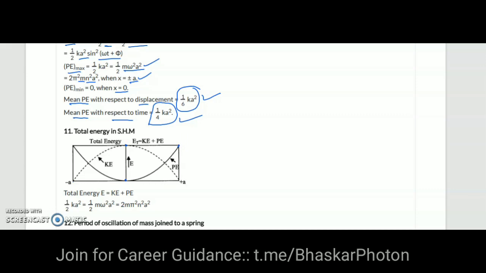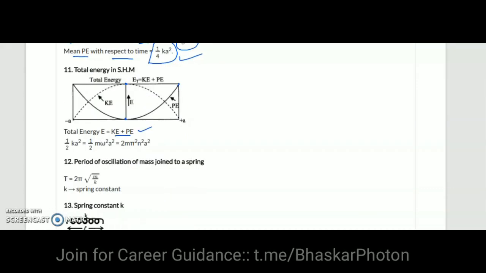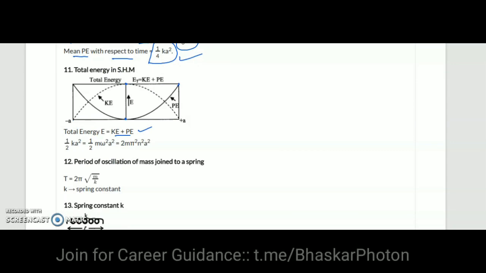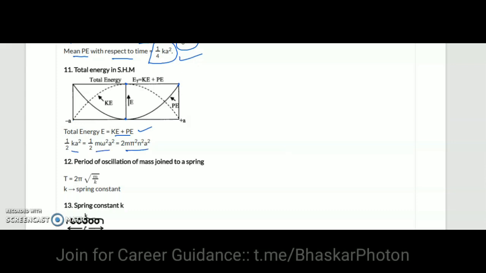So the total energy is kinetic energy plus potential energy, that is represented as 1/2 k a², which equals 1/2 m ω² a², which equals 2π² m n² a².